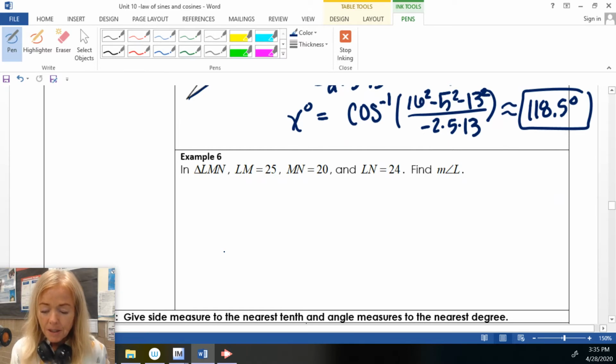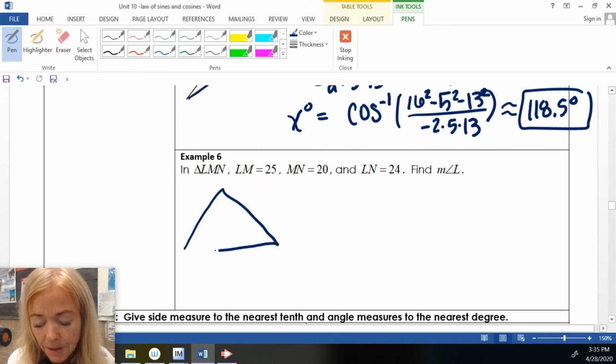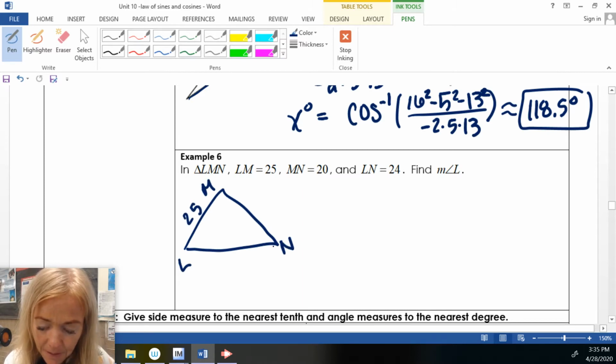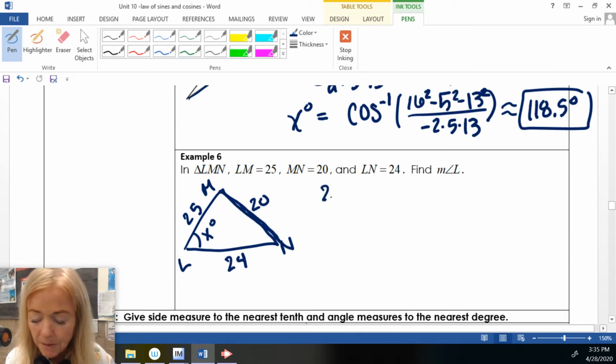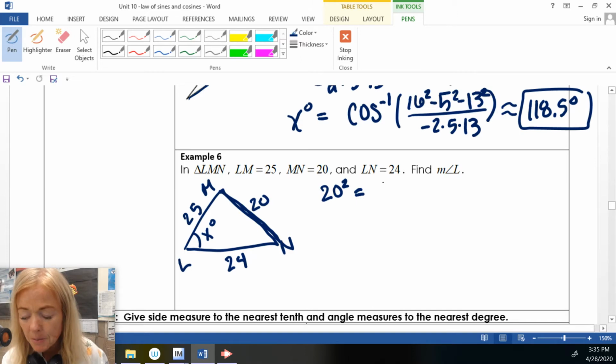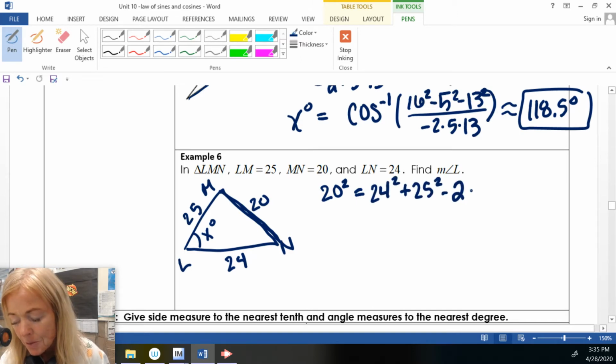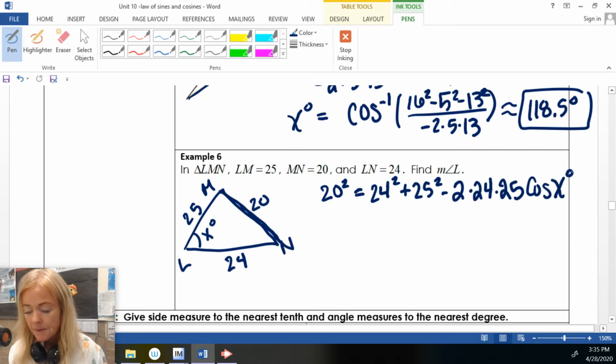All right, so next one, example 6, you have a triangle LMN, okay, where LM is 25, MN is 20, and LN is 24, and you're asked to find that angle right there, angle L. Okay, so for angle L, the side opposite is 20, and that's the one that you square and leave on one side alone. 20 squared is equal to 24 squared plus 25 squared minus 2 times 24 times 25 times the cosine of x degrees.